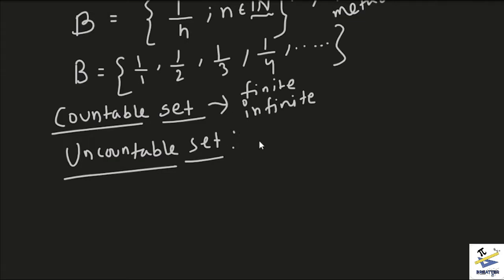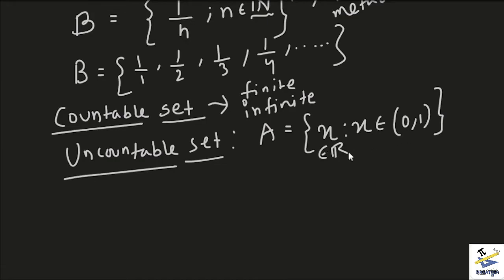So we have a set A which has an infinite number of elements, and let's say the set A has all the real numbers x such that x belongs to the open interval 0, 1, right? Here we can call that set A uncountable. So x is a real number here, and x belongs to 0 and 1, the open interval. So x can be any real number between this interval, right?